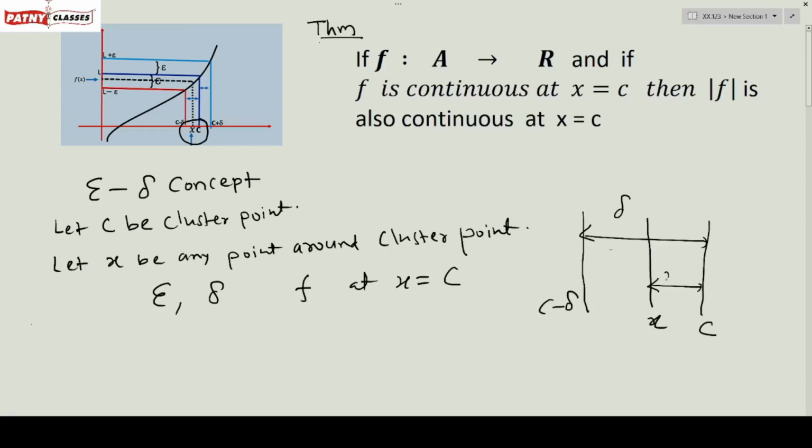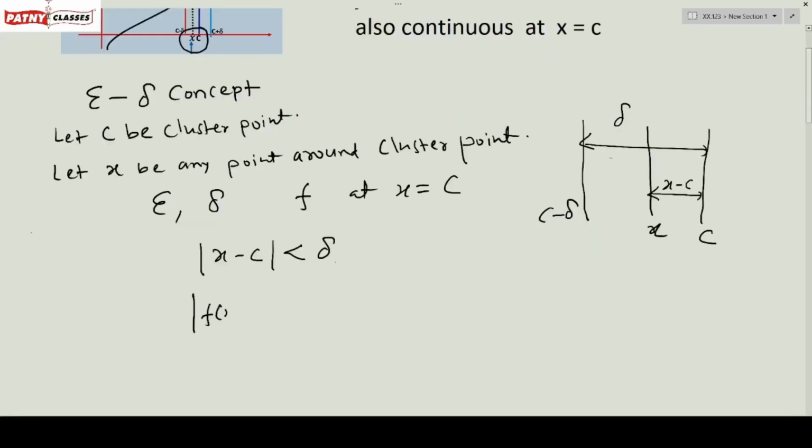So that is nothing but x minus c. The modulus of x minus c is the positive distance, because distance is always positive. So the modulus of x minus c is less than delta. That is the purpose of taking the modulus, because the physical distance is always positive. The modulus of x minus c being smaller than delta implies that the modulus of f of x minus f of c will be smaller than epsilon.